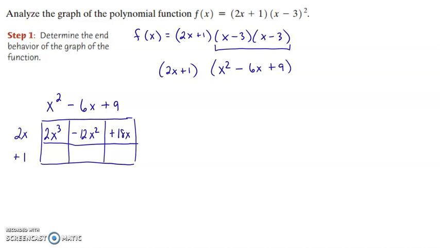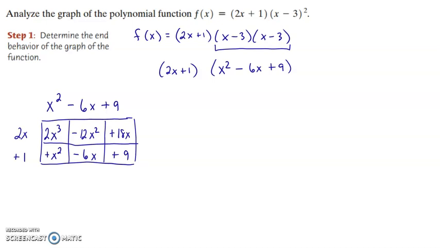We'll do the same thing for the second row. We'll take the positive 1 and multiply it by everything we see on top. So x squared times positive 1 will give us a positive x squared. 1 times the negative 6x will give us a negative 6x. And 1 times positive 9 is a positive 9.